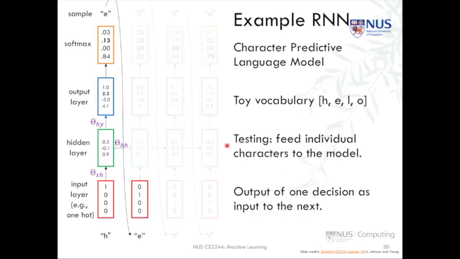At testing time, we're going to do some things a little bit differently. We're going to feed the characters in one at a time, going feed forward through the network, and then at the softmax, sampling what type of output we want. So just imagine, for example, even though we have only a 13% chance of getting it right, let's just say when we sampled, we got the letter E out here.